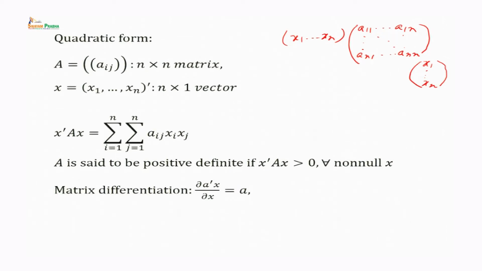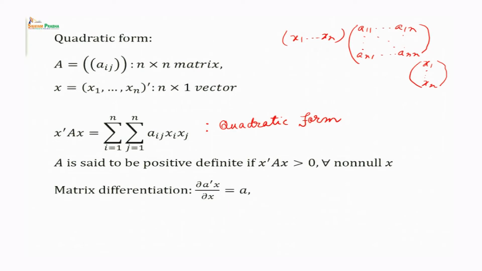Then you simplify it, and finally you obtain the summation i equal to 1 to n, summation j equal to 1 to n, a i j x i x j. Now, this is called a quadratic form. At so many places we are going to use the quadratic form.